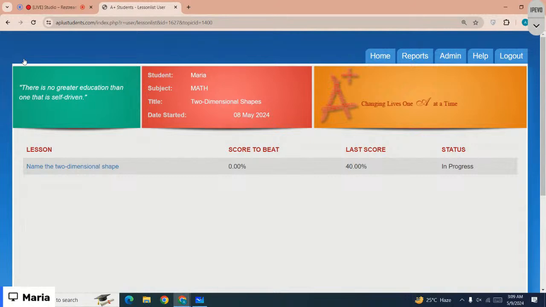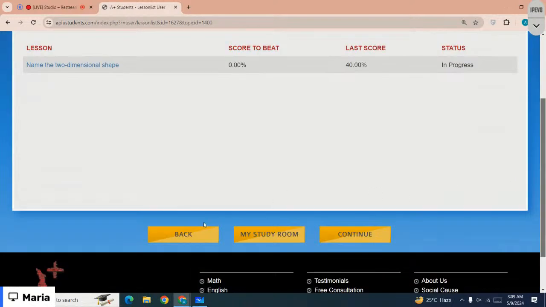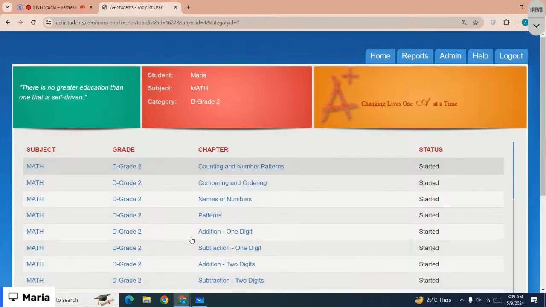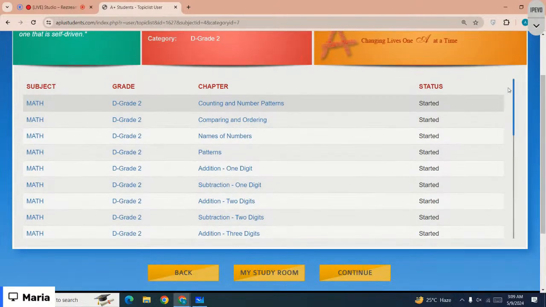Okay, basically we are done with the chapter on two-dimensional shapes. So we are going to start with a new chapter, that is three-dimensional shapes.